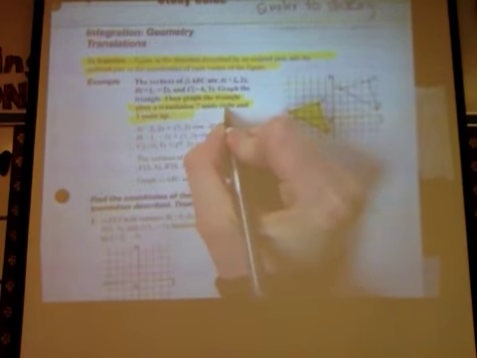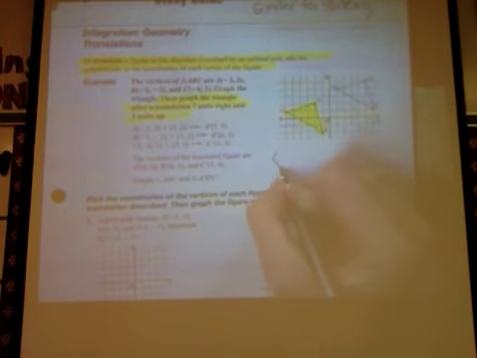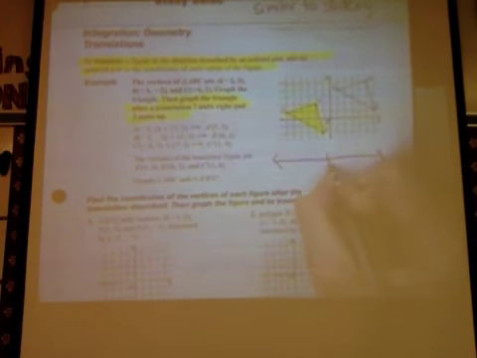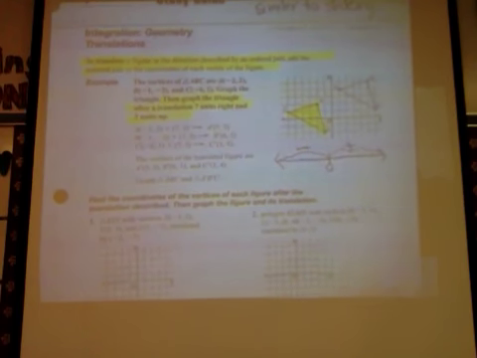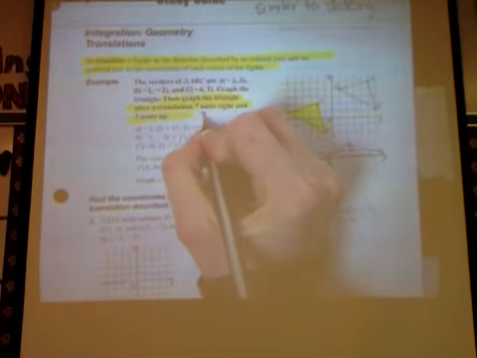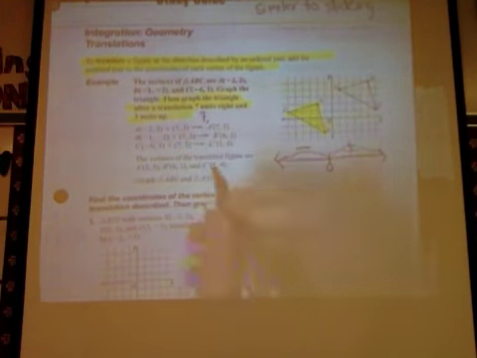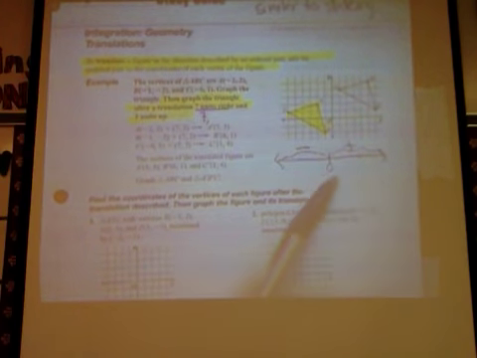Take the 7 units right. I look at a number line. This is 0. All my numbers over here are positive, and all my numbers over here are negative. So if I'm moving to the right, those are positive numbers. So that means I'm going to make a positive 7 as my ordered pair because it's 7 units right.